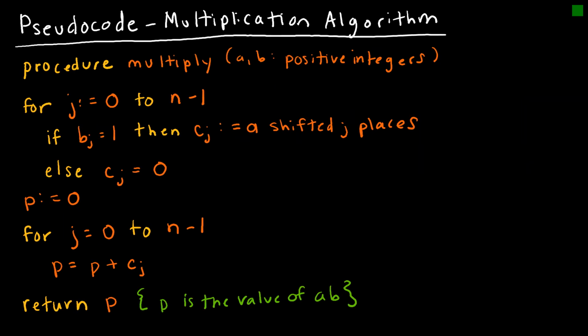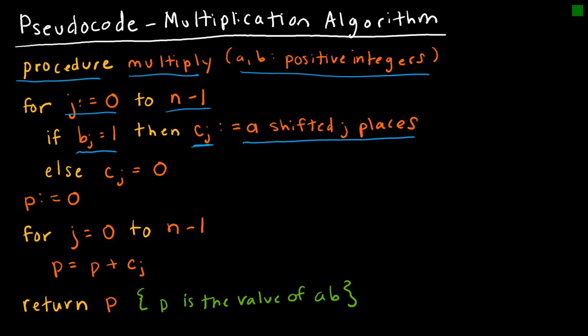So looking at the pseudocode for the multiplication algorithm, again, it's saying exactly what we did on our last slide. It's saying, here's the procedure, which is to multiply. We've got a and b, which are positive integers. They're saying for, basically starting at the value furthest to the right through the rest of the values, if the b value that we're multiplying by is 1, then our value is going to be a shifted over j places.